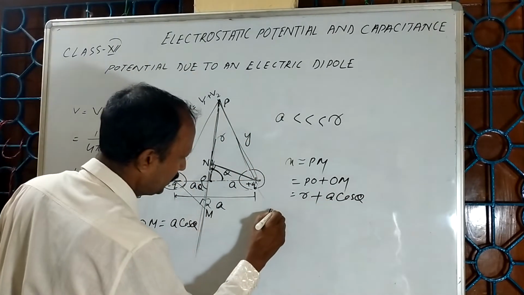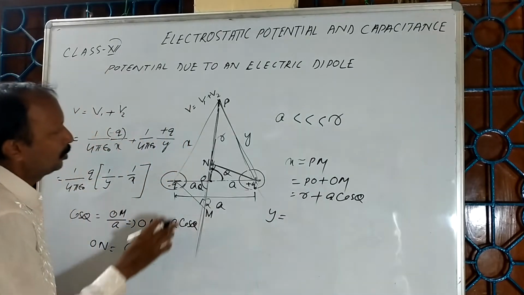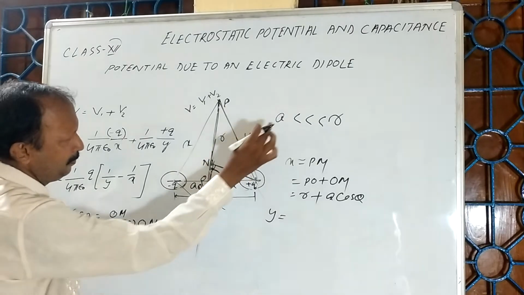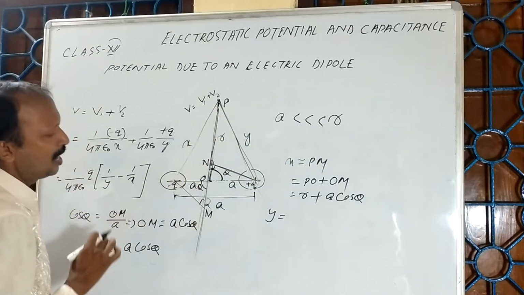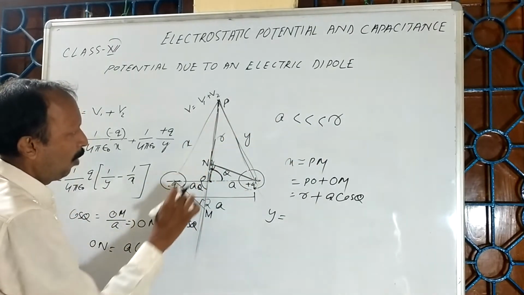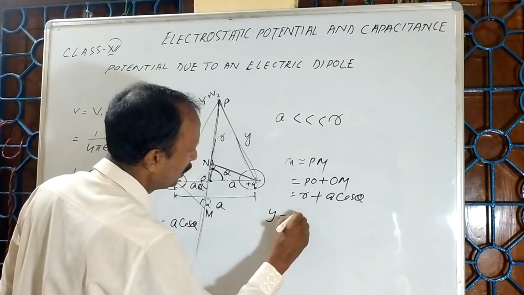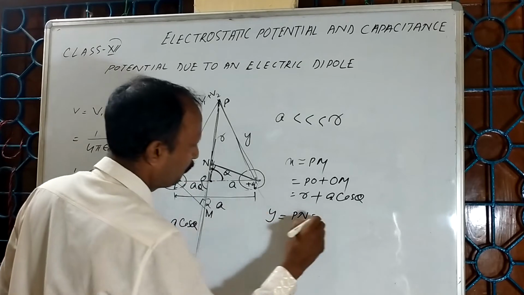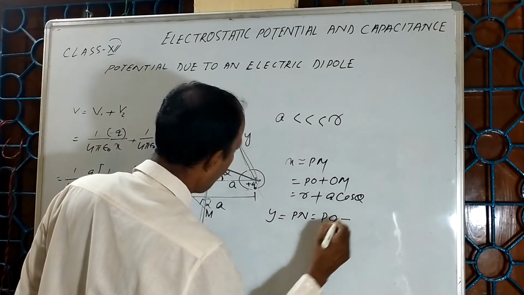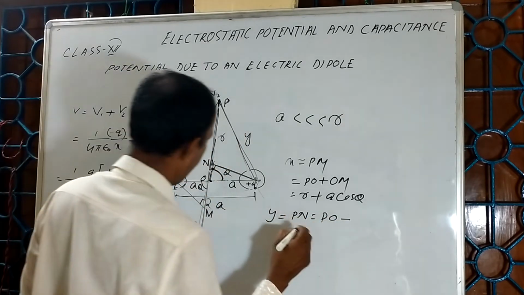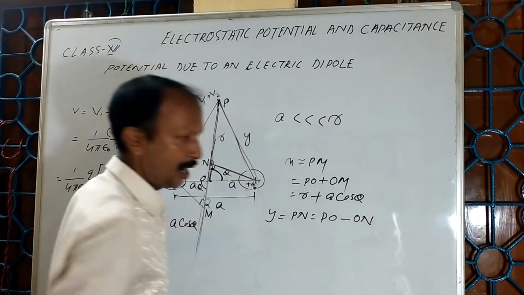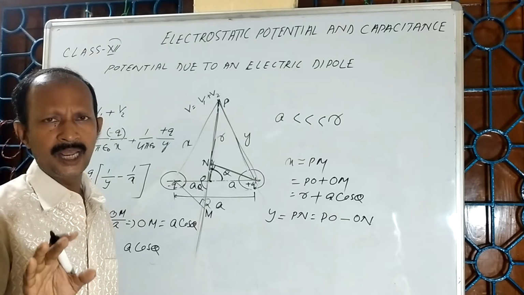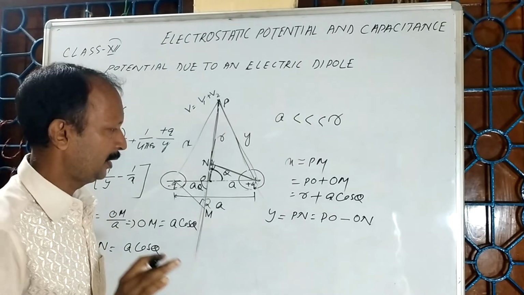Similarly, I can say that y is equal to, now listen carefully, I said that the distance A is very small in comparison with r. That means y will almost be equal to PN, which I can write as PO minus ON, because I want to express in terms of r and theta and avoid x and y.